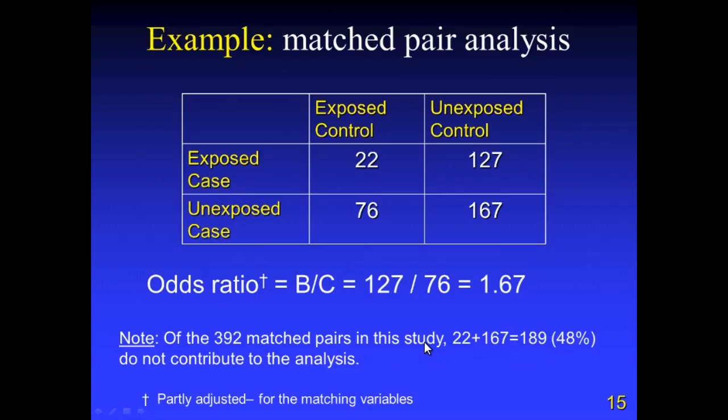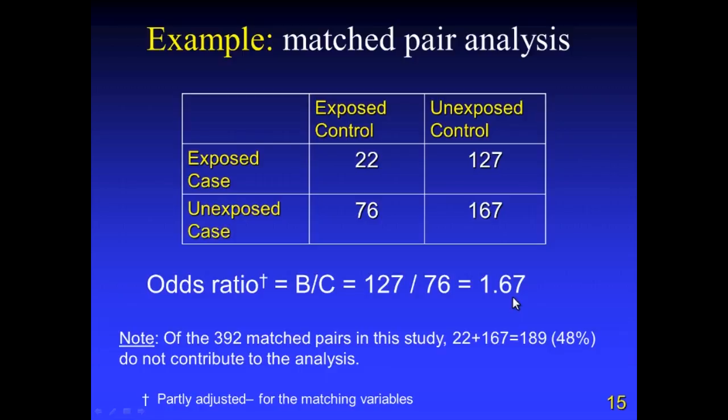If we put some actual figures in there, with this number of case and control pairs in total, the 22 plus 167 do not contribute to the data analysis, neither that cell nor that cell. So the odds ratio is determined by B, 127, divided by C, which is 76.